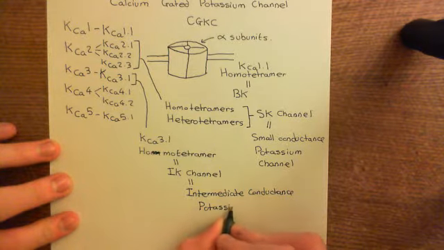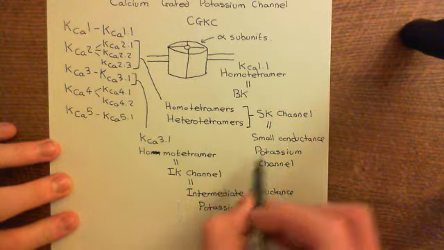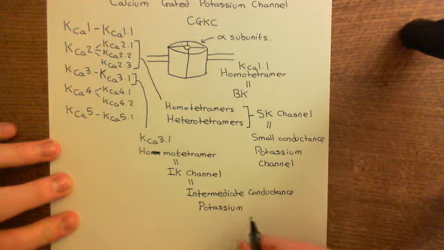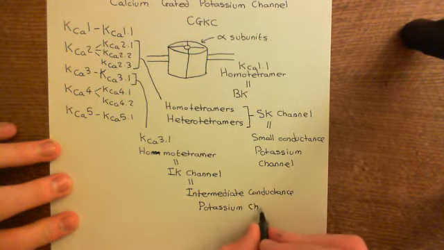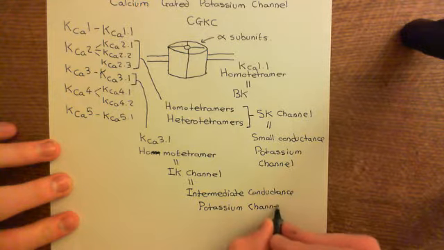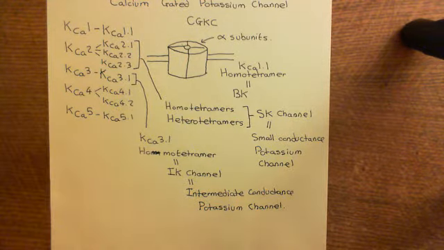So these 3 types of channels, BK channels, SK channels, and IK potassium channels, you'll hear a lot about them. They're quite famous. This is how they're actually composed of these calcium-gated potassium channel subunits.